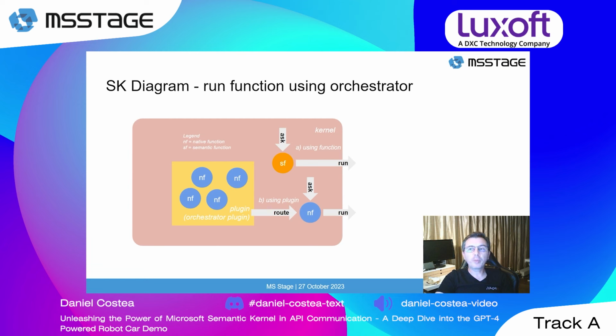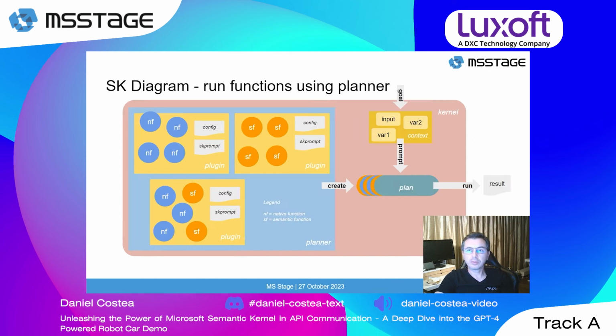We can use a special plugin, an orchestrator. An orchestrator is able to find the best match semantically, and then it runs it. But a planner is the state of the art in finding the best functions to solve a goal, because it's using the power of AI, or the power of GPT if you like.